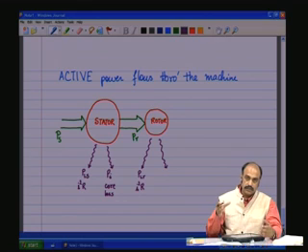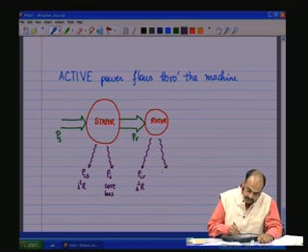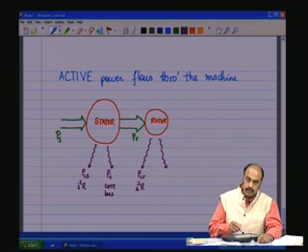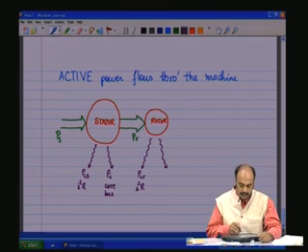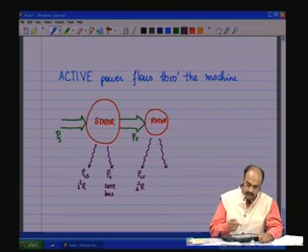The rotor also has core material, and therefore it has its iron loss. But we can club the iron losses of the rotor and the stator, because it is the same magnetic domain, and put it as a single core loss component.